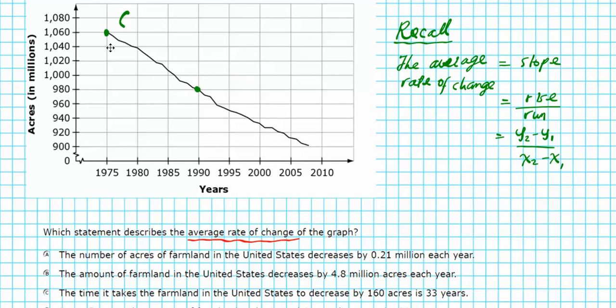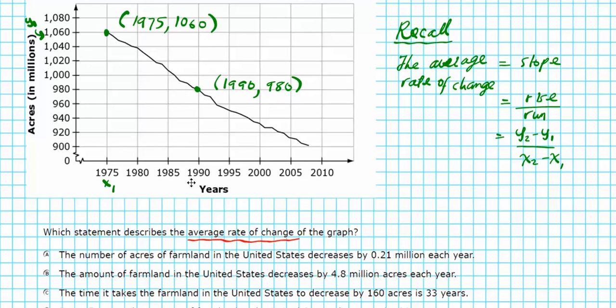All right, so this coordinate right here is 1975, 1060. So that's the x1, and this is the y1. Next point here is 1990 and 980.